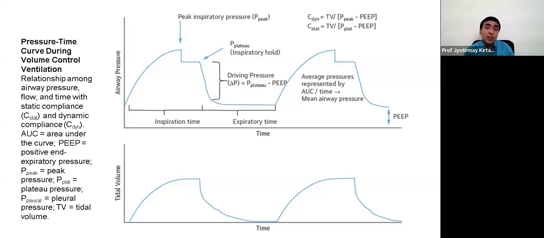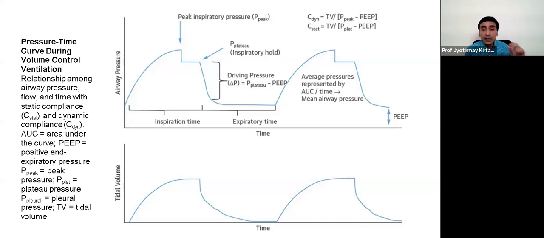This transpulmonary pressure is transmitted to the pericardium, to both the ventricles. And since the right ventricle is thin walled, it is more influenced by this transpulmonary pressure. So I would like to caution: don't just assume that your plateau pressure is the transpulmonary pressure.